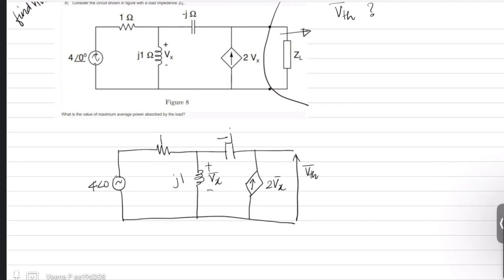Since a ground is not given in the problem, you have the liberty to choose the ground potential, which is, I'm choosing this node as the ground potential. So this potential is 0 volts.